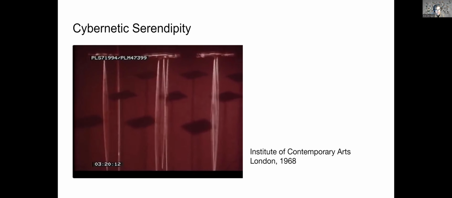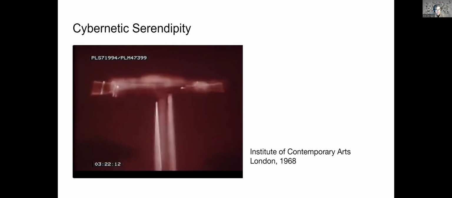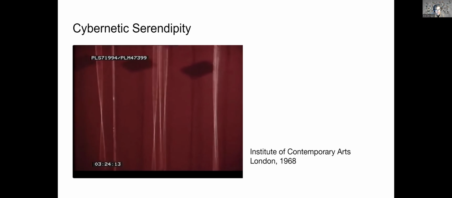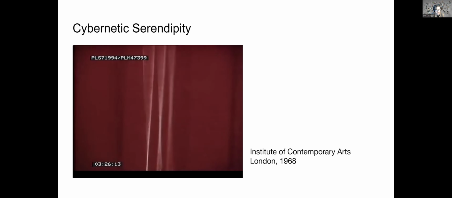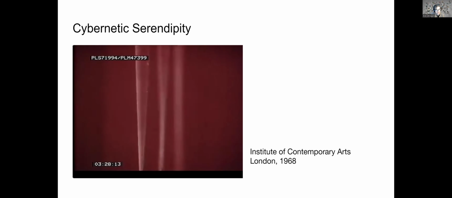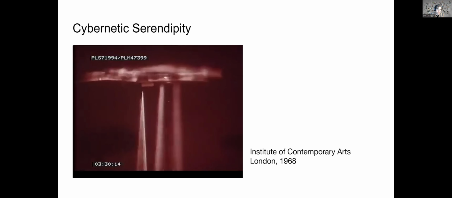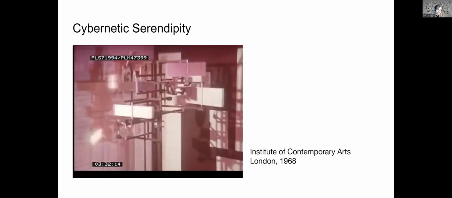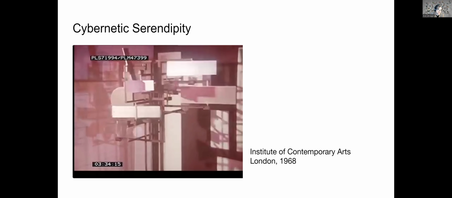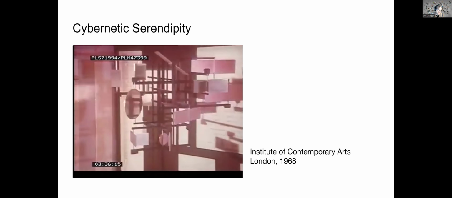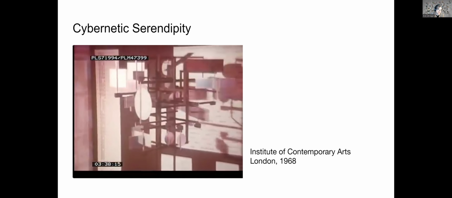This is a cybernetic sculpture by Wenying Tsai. This sculpture is calmed by red light and it's activated by blue light.